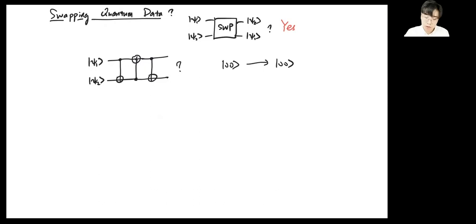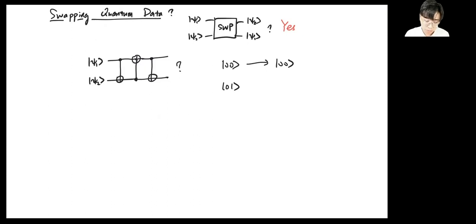Okay, what about the input state 01 for the two qubits? Well, the first CNOT does not do anything because the first qubit is 0. The second CNOT does flip the first qubit because the second qubit is 1. So after that the state is 11. And then the third CNOT also does something.